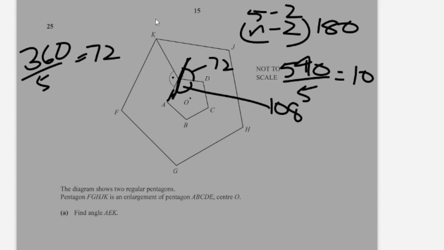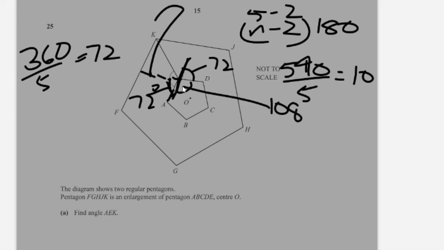Now let's suppose we drew a line from D and extended it to the boundary of FK. Alright, so this angle would have been equal to 72 since they are vertically opposite, and that would leave us with the angle between these lines, and both of them would be equal because both of them are bisected by similar lines.